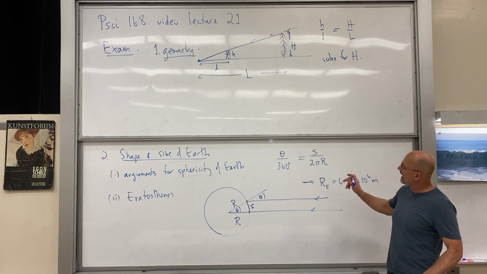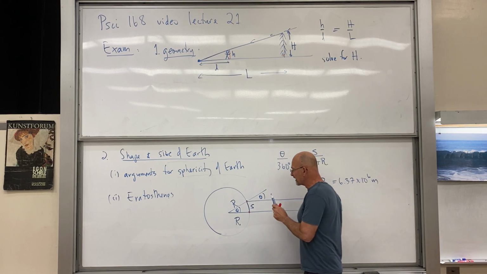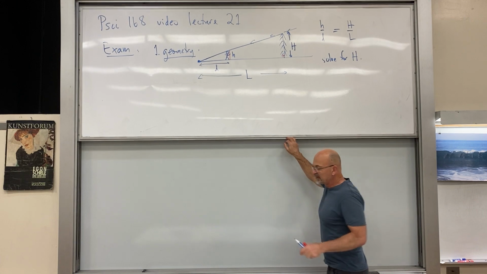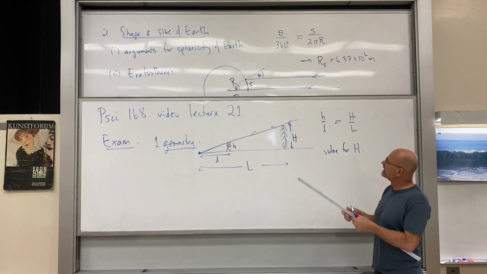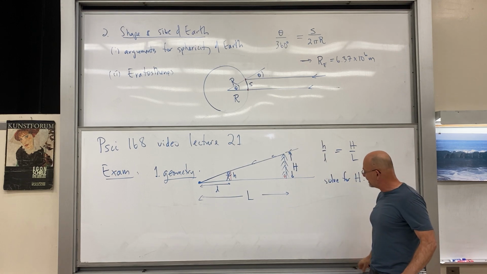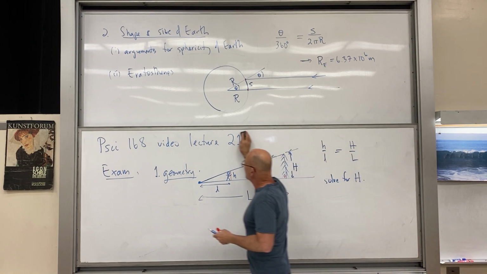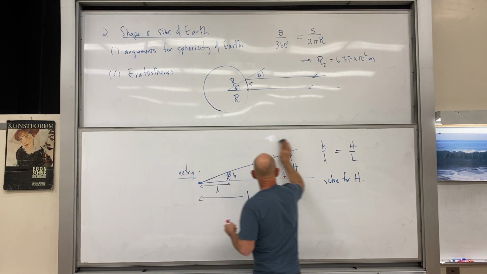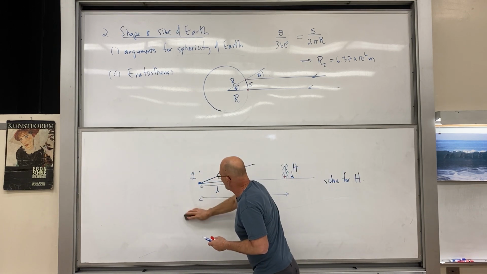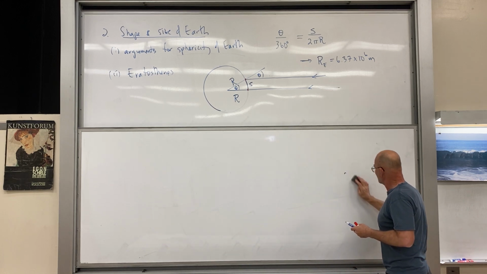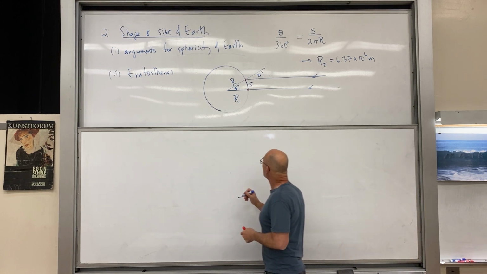In fact, how about if I draw this other construction? Because we do want to be independent of the idea that we have to have the sun directly overhead. This is the generalization. The generalization of that picture.